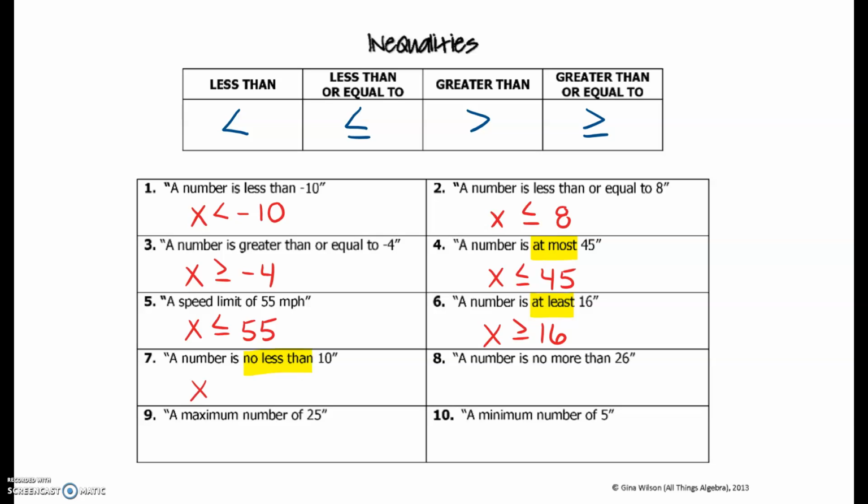So x has to be greater than or equal to 10. In number 8, we have the opposite. A number is no more than 26. That means it can't be any higher than 26. It has to be less than or equal to.